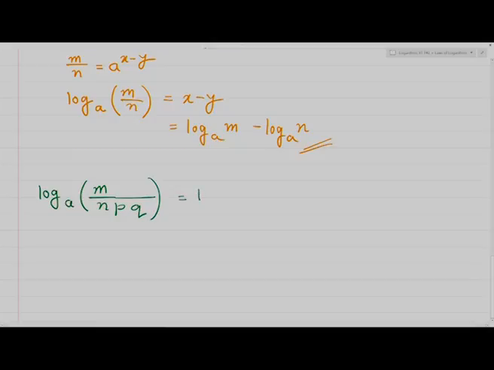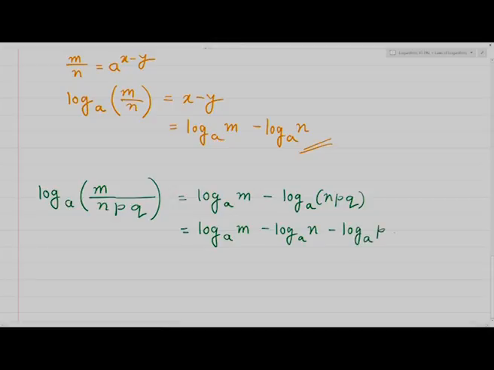This should be equal to log to the base a of m. I will use the quotient rule, which is minus log to the base a of npq, which is also equal to log to the base a of m minus log, then I will use the product rule here, to the base a of n minus log to the base a of p minus log to the base a of q.